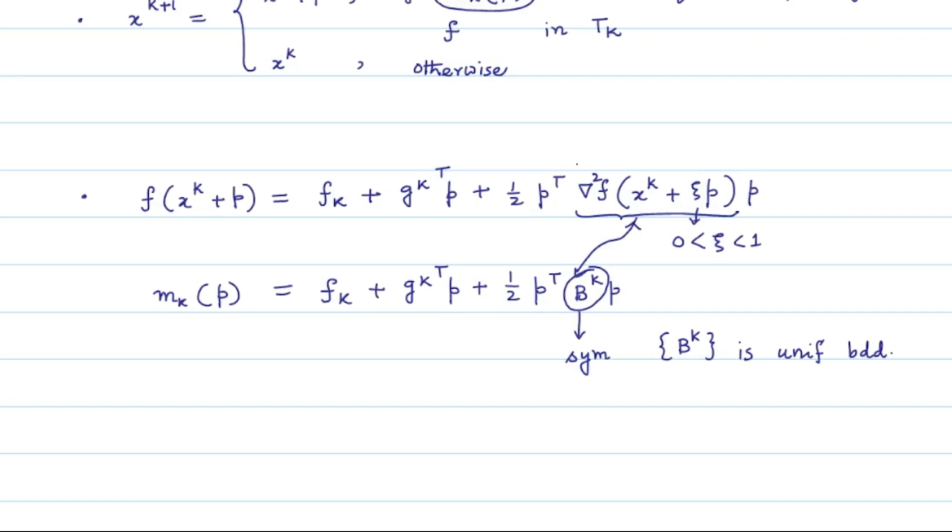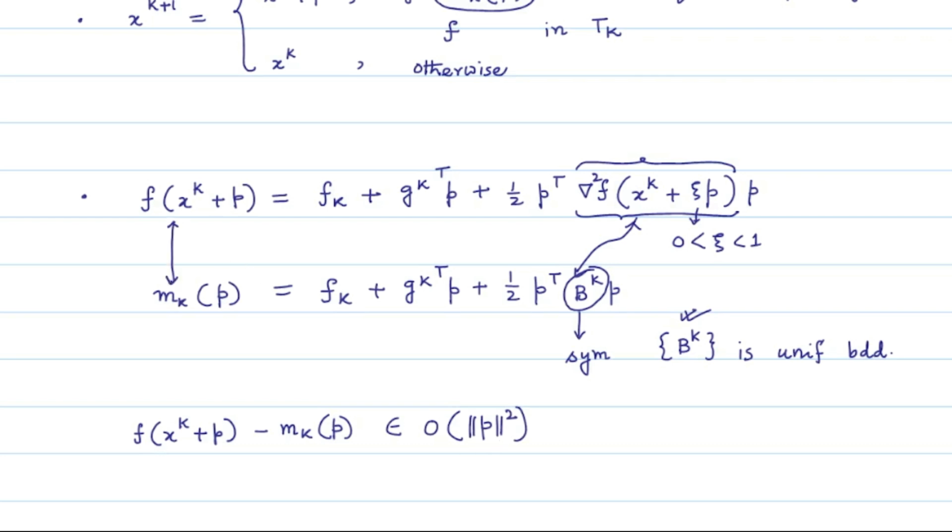Now, as the Hessian matrices of the objective function are uniformly bounded and the sequence of Hessian approximations are also uniformly bounded, we notice that the difference between f(xk plus p) minus mk(p) is of big O norm p squared, and therefore the smaller the value of norm p, the better the approximation mk for f.